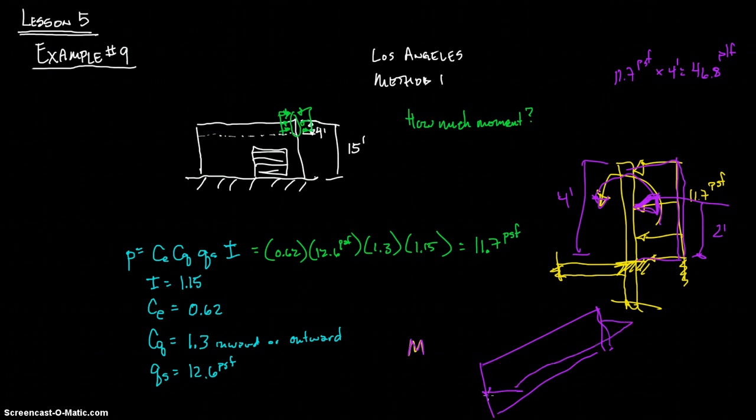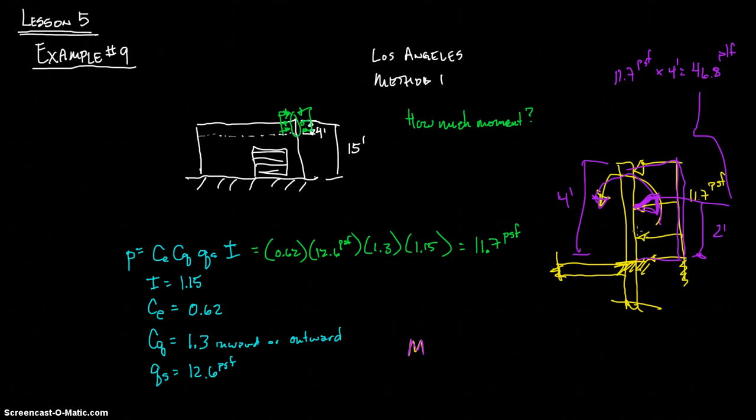You have this line load right in the middle of that parapet, 2 foot away from the top. Let's get rid of that. That's what you're looking at. So this right here is that 46.8 pounds per linear foot.